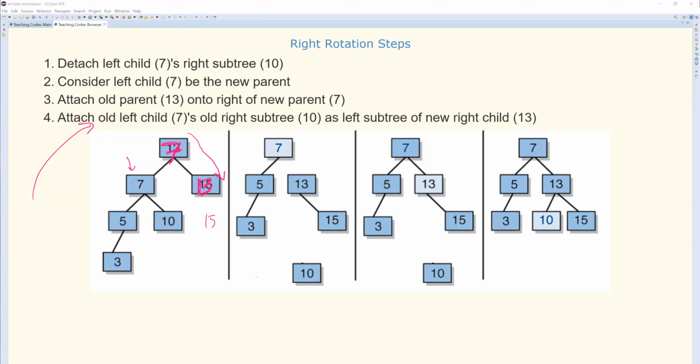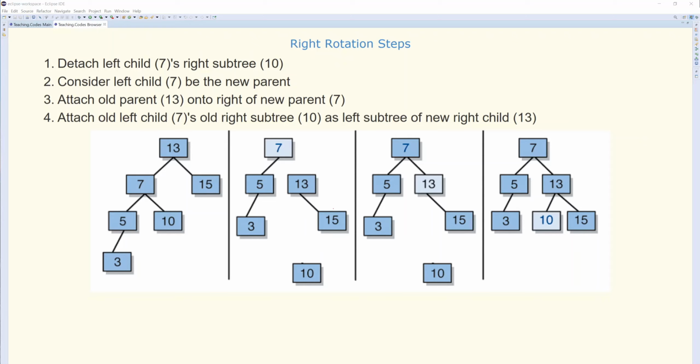But when 7 goes up, it will pull 5 here, and 3 here. So it's not here anymore. The only thing that we need to do now is remove this and attach it here. Now this looks complex. Here's the simple implementation of that. What we do is as follows.